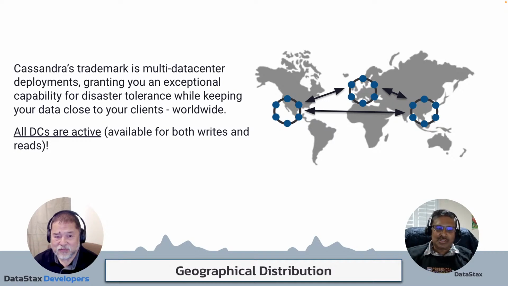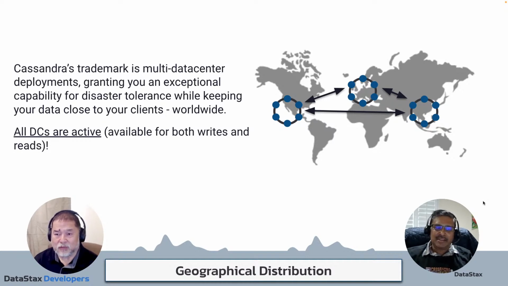So out of the box on day one, it was a multi-data center database, meaning you can have a number of nodes in the local data center, and then you can have another number of nodes, not the same amount, they can be any size. Imagine in Europe, you need more nodes to handle the European customers, so you can have more nodes sitting in the European data center.